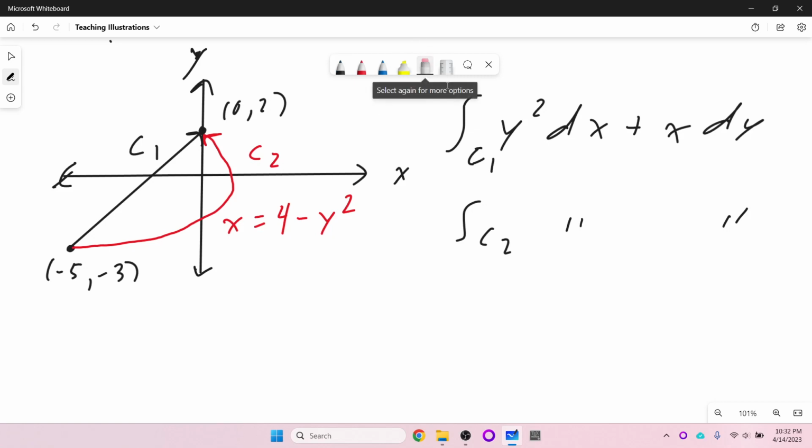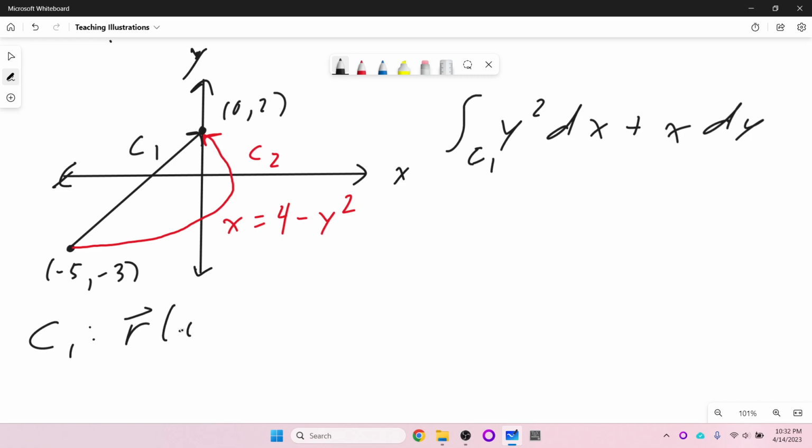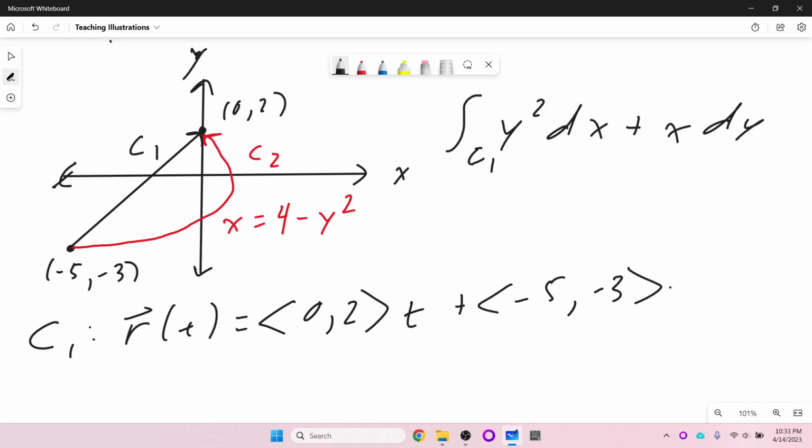All right, so let's do C1 first. C1 is parameterized using the line segment formula. It's (0, 2), the endpoint, times t, plus (-5, -3) times 1 minus t.